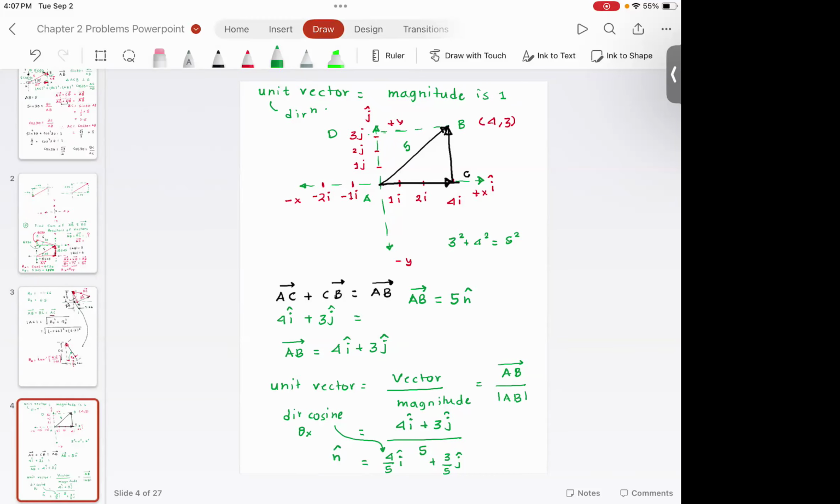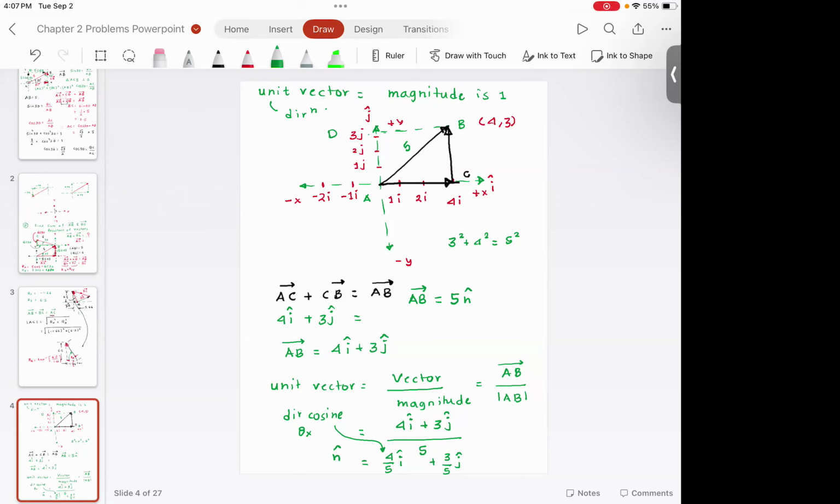Here 5 is the magnitude of AB, and n hat is the direction of AB. You agree with me? If you substitute n hat as 4 by 5 i plus 3 by 5 j, you are going to get the exact same vector, 4i plus 3j.